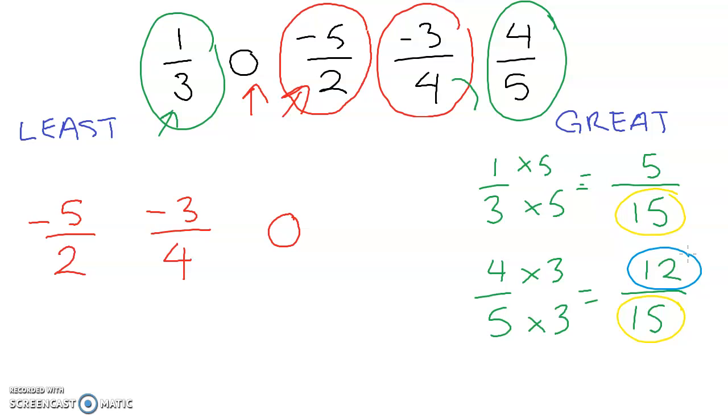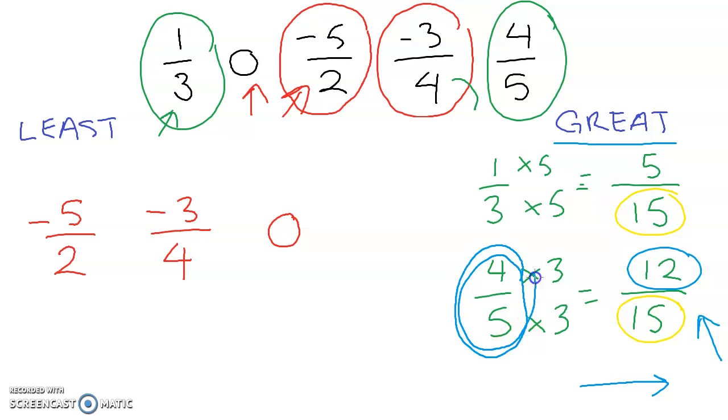The 12 is larger than the 5, so this fraction right here is going to be my largest fraction. So that is the one that goes on the very far right, because again, I am graphing the greatest on the right. But again, I am not going to write the 12 over 15. I have to write the original fraction that is in the list.